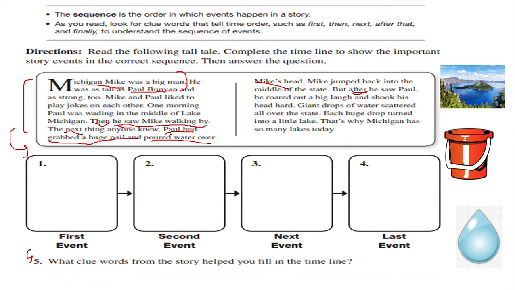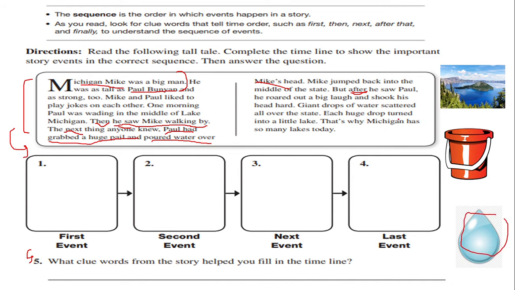So, when Paul poured water over Mike's head, Mike jumped back into the middle of the state, and when he saw Paul, he roared out a big laugh. He laughed, and he shook his head hard. He shook it because he was filled with water, and the drops that came out spread all over the state. Like these drops were scattered all over the state.